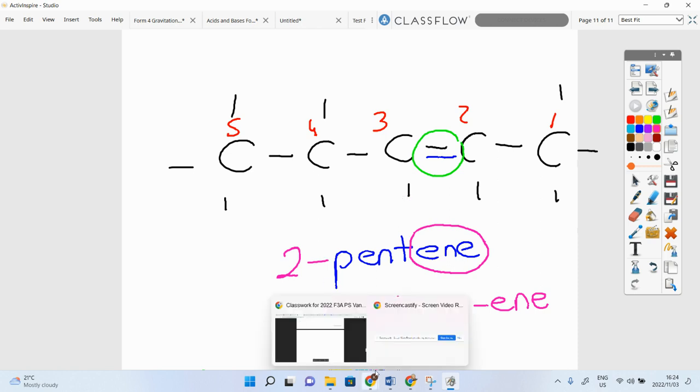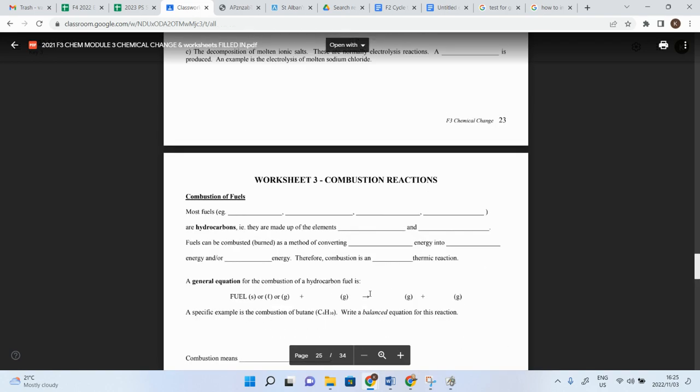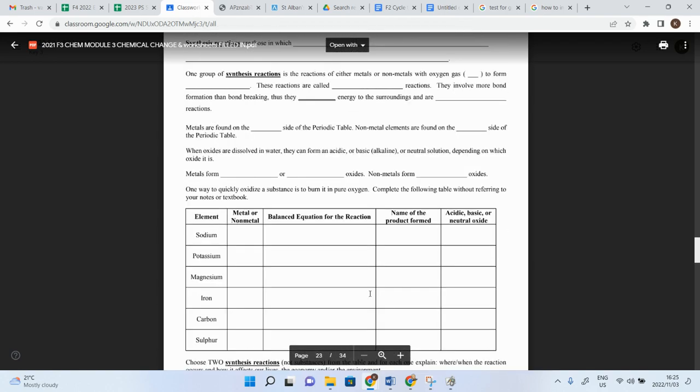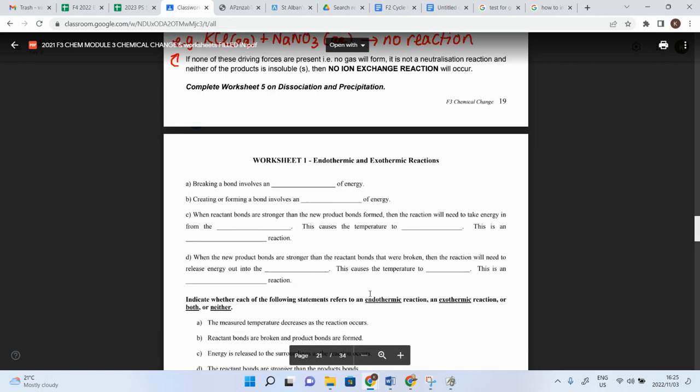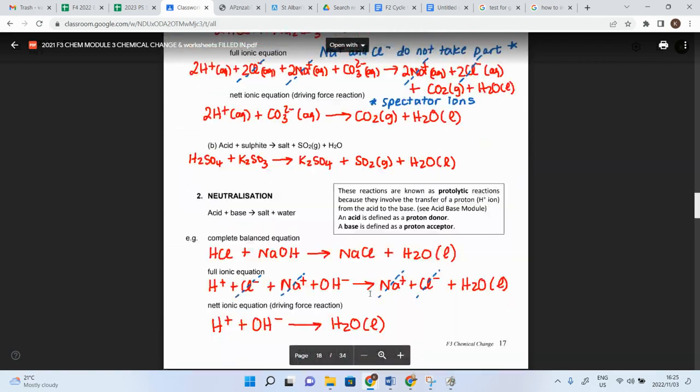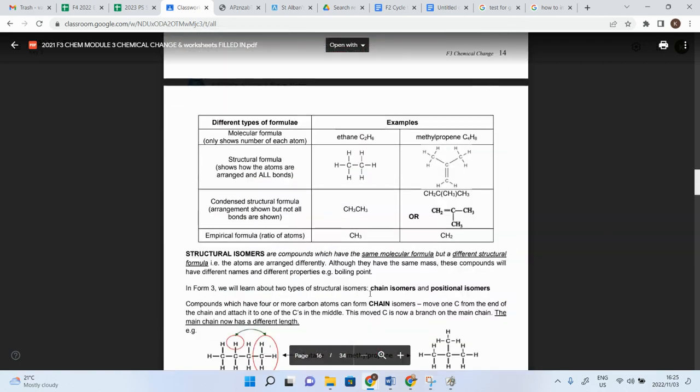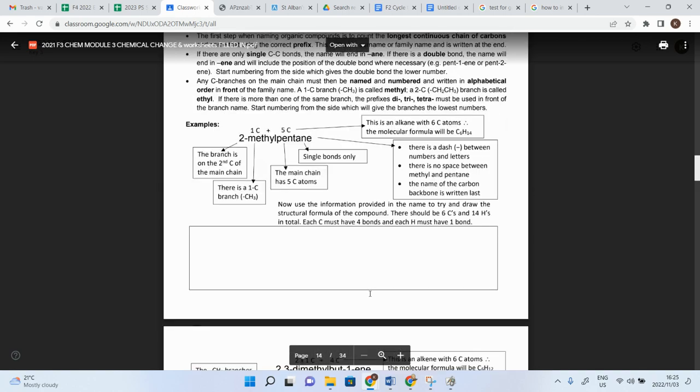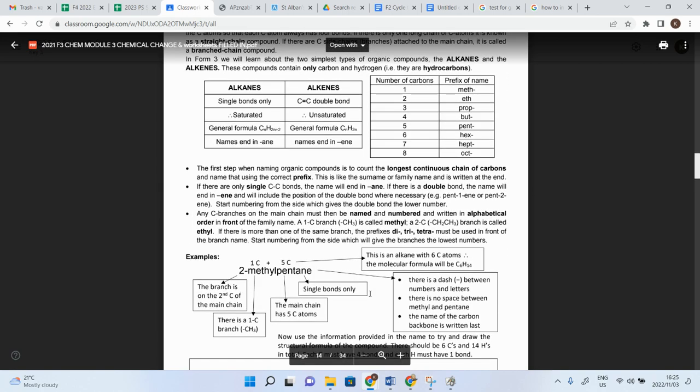Did you also do branches? Yes. See what you did. Where's the organic before this? This chapter was actually full of stuff.